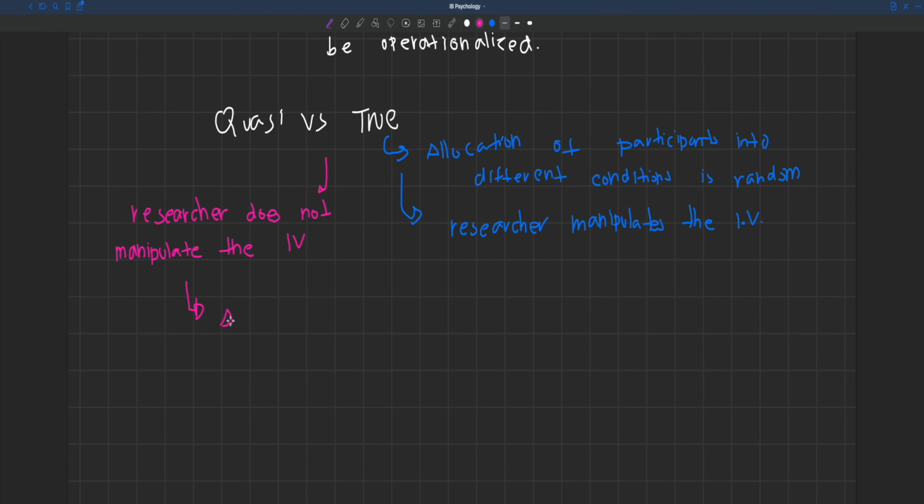So allocation into groups is not done randomly, but it is based on their traits. It is their traits that set them apart.